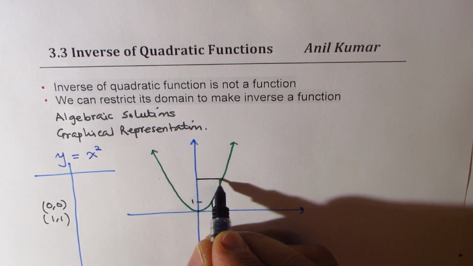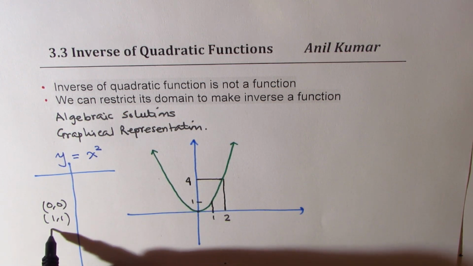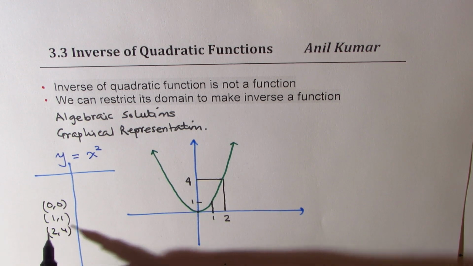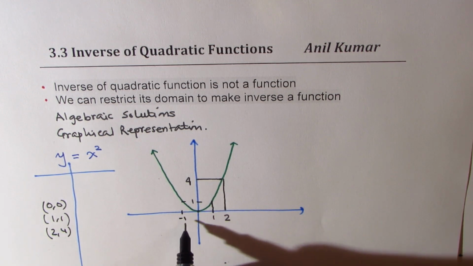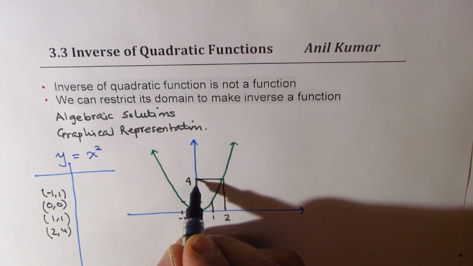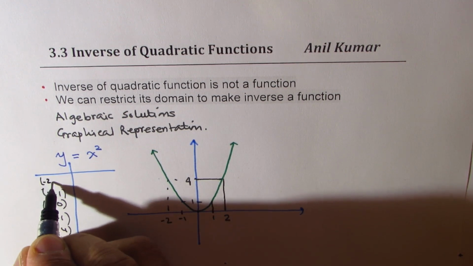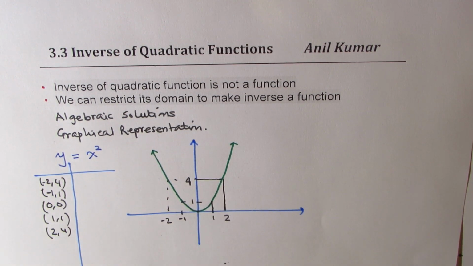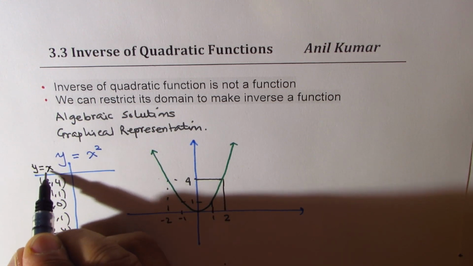Then at 2, let's say we have another point here, which is 2 and 4. 2 square is 4. So we'll just take 5 points. So if I do minus 1, I again get 1 here. And for minus 2, we get square as 4. Right? So these are the values for y equals x squared.